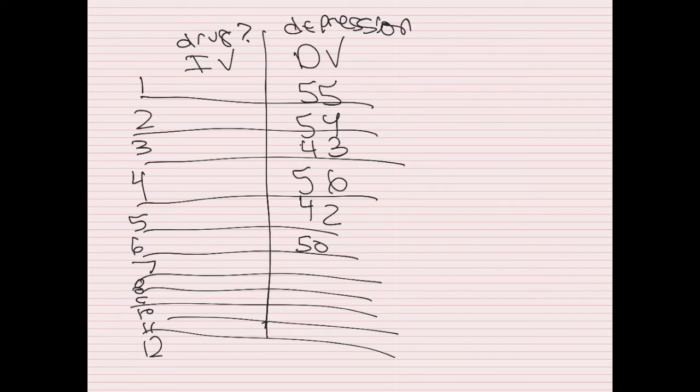Subject 7 really is the first one to get a milligram, and that person scored 23, then 28, 27, 24, 14, and 31.